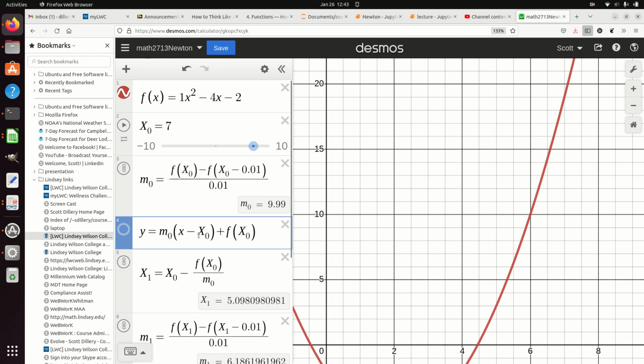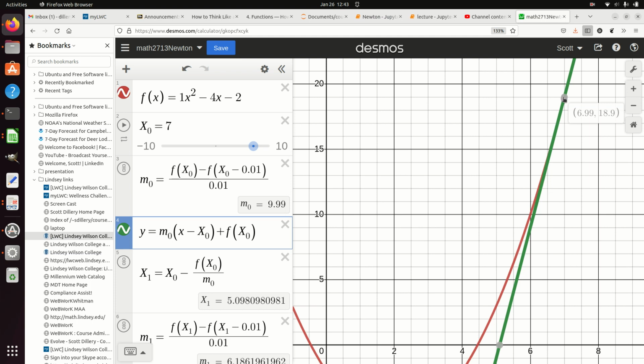So here I've got an equation for that line that has a slope of 9.99 and goes through the point 7 and f of 7, which is a little less than 15. It's 14 point something. Okay, so if I click on that, then there's that line.